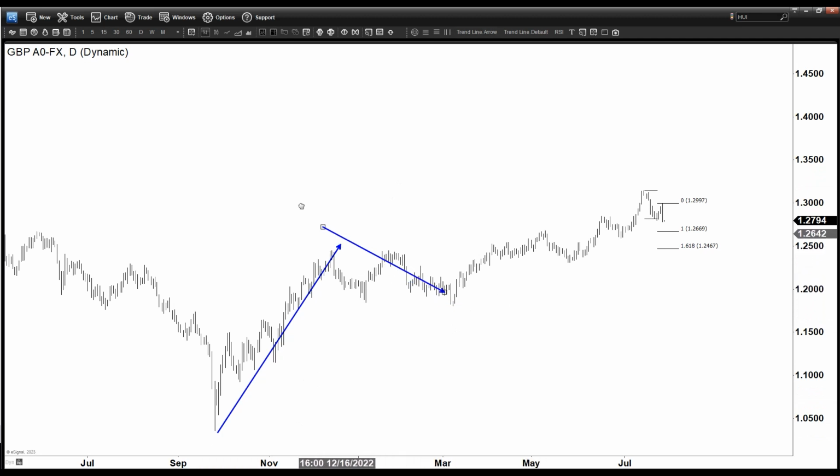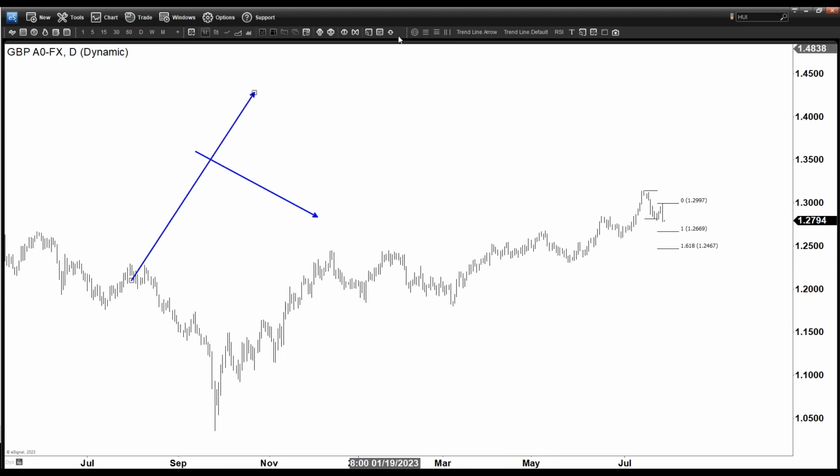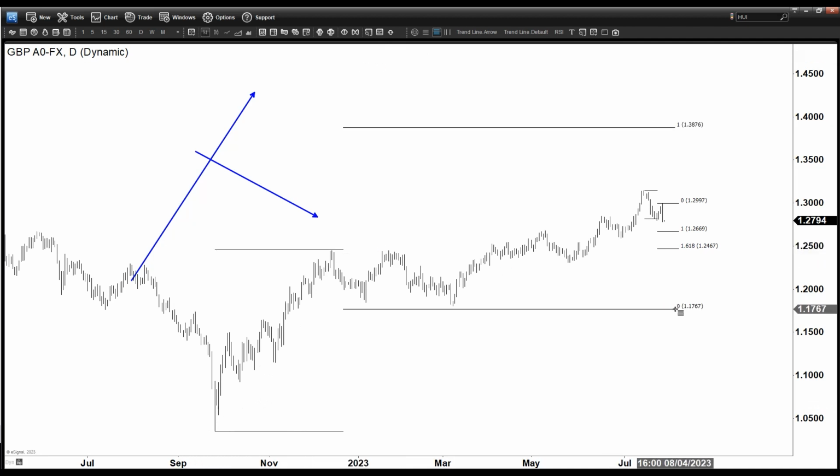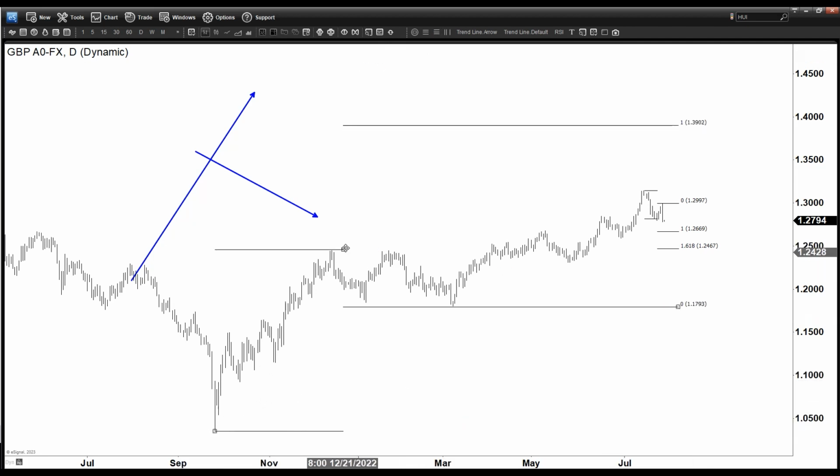So if that's your first, that's your second. And if you project the extension, usually, not always, the third can reach 100%, which is 139.